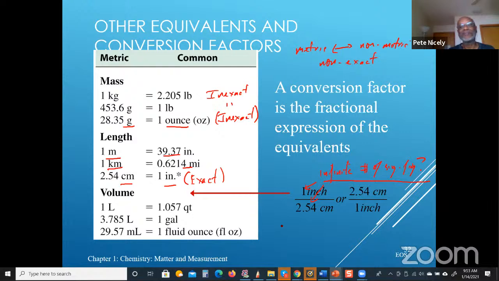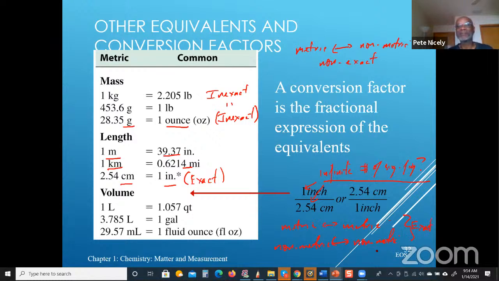Now, if you have a relationship between metric to metric, or non-metric to non-metric, then these relationships are exact, all right?